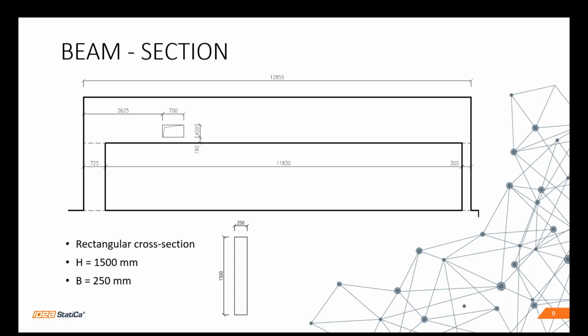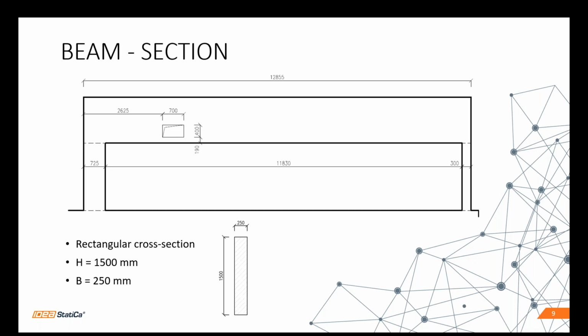On the left side, near the support, near the column, there is an opening with dimensions 700 by 400 millimeters. The cross-section of the beam is rectangular with a height of 1500 millimeters and a width of 250 millimeters. So how to solve the part with the openings?